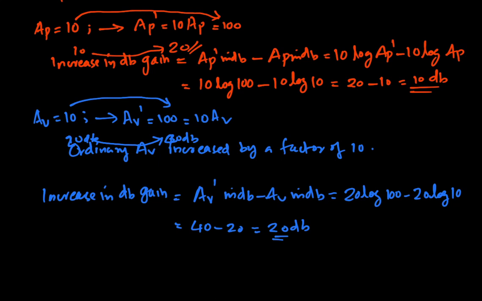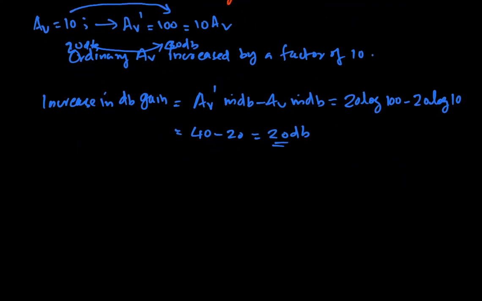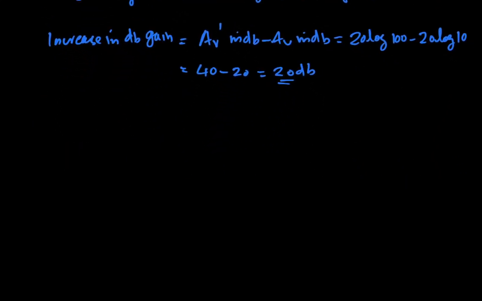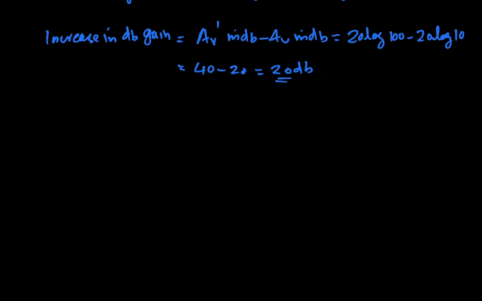Now the importance or the relevance of expressing the gain of a transistor amplifier in terms of bel or decibel is that the human ear response is logarithmic.